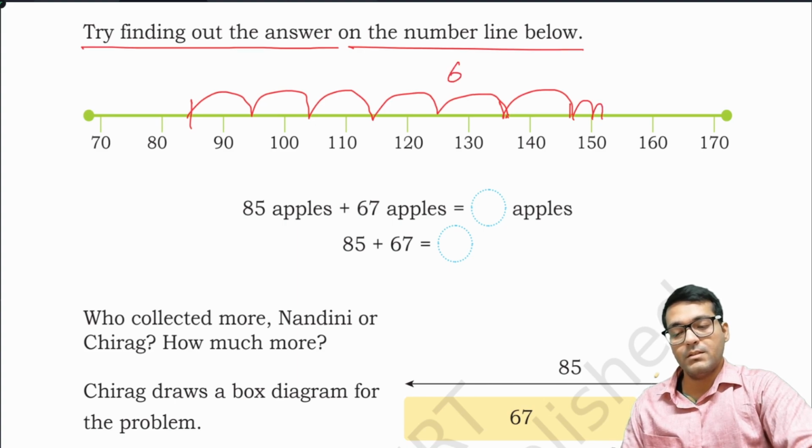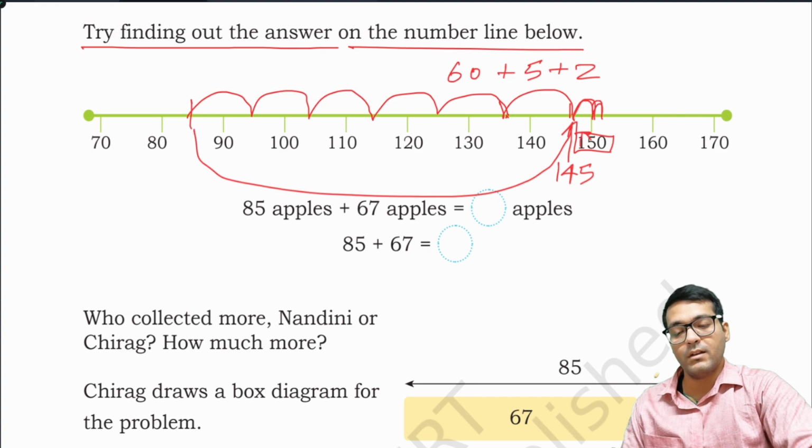That is 60 plus 5 plus 2. 85 and 60 will give you 145, and 5 will give you 150, and moving 2 in forward direction, that is 151 and 152. 85 apples and 67 apples will give you 152 apples. 85 plus 67 is equal to 152.